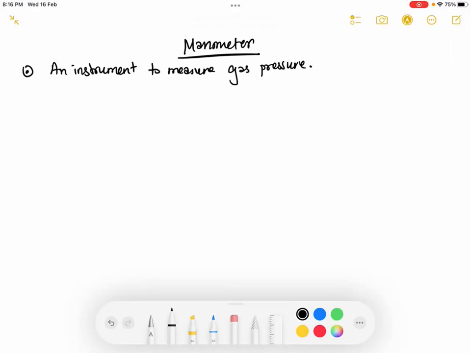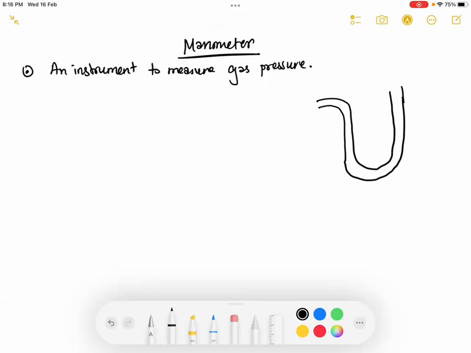So what does a typical manometer look like? It looks like, let's say, like this. So you have a hollow tube, which is open on both sides.